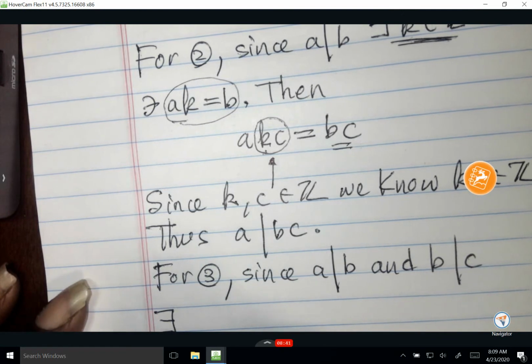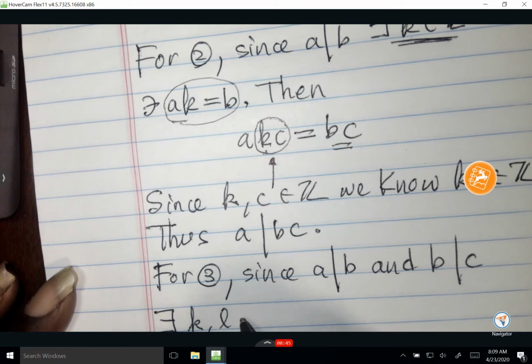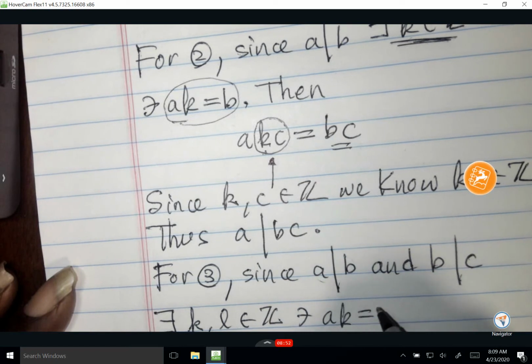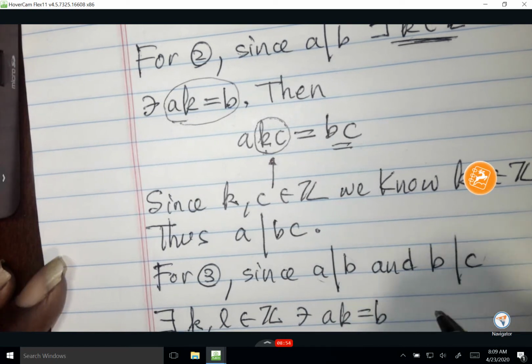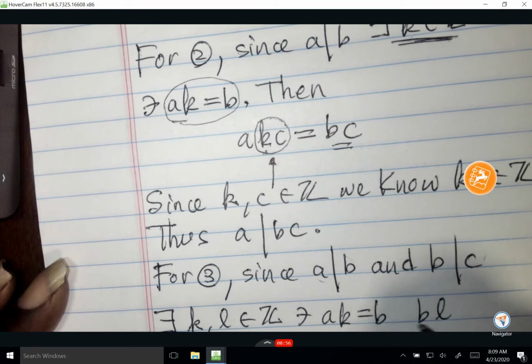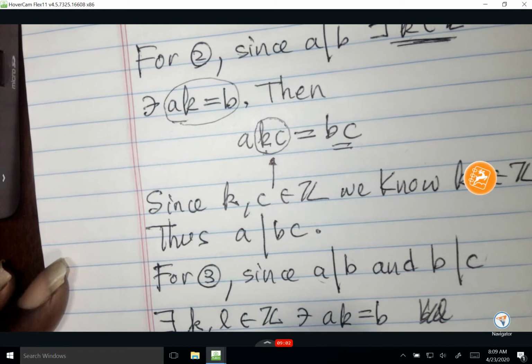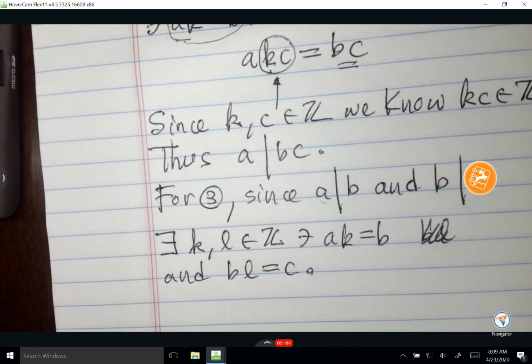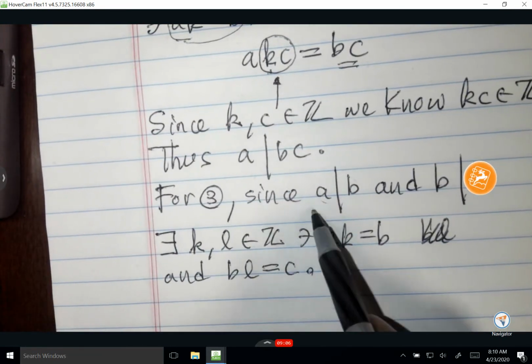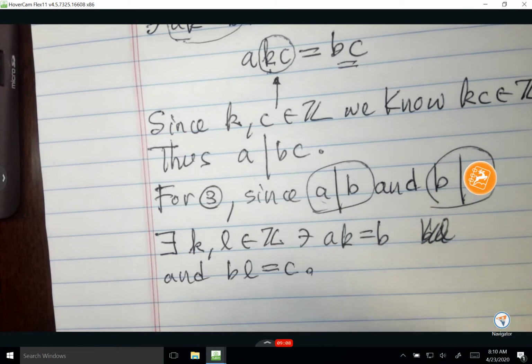We don't know they'll be the same, so you have to use different letters. I'll call the first one K, the second one L, in Z, such that for this one, AK is B. For this one, BL is C. That's me exploiting these 2 givens.